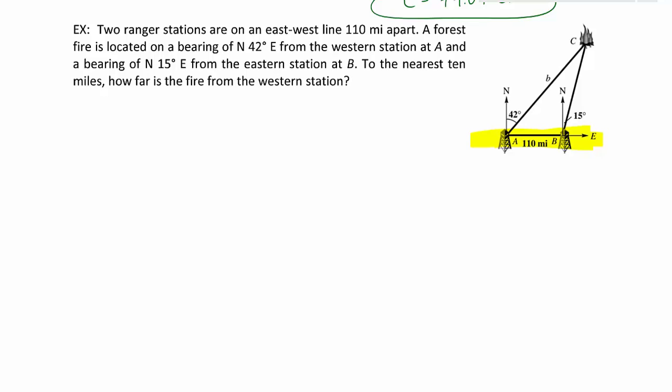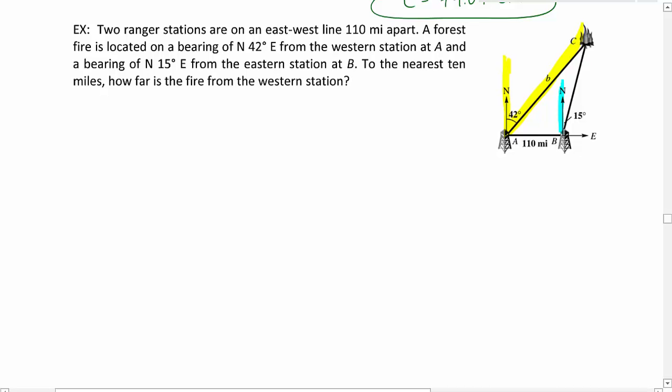So we know west is on the left, so that station there. To do the bearing, with this type of notation, we always start at the north because they gave us north, and then we rotate 42 degrees to the east to get the actual angle. And then it says the bearing is north 15 degrees east from the eastern station.